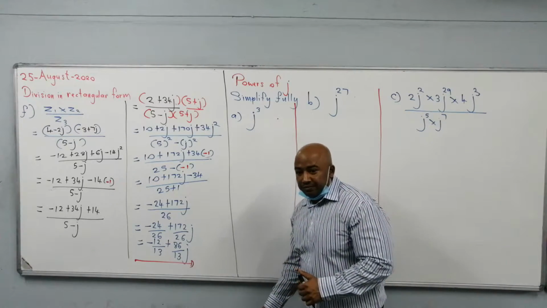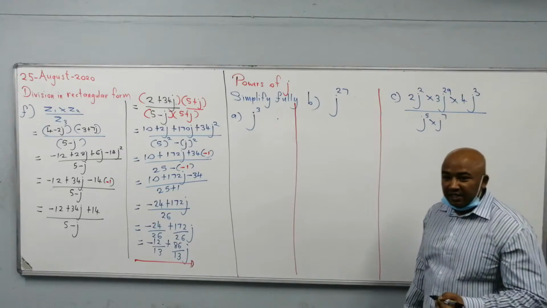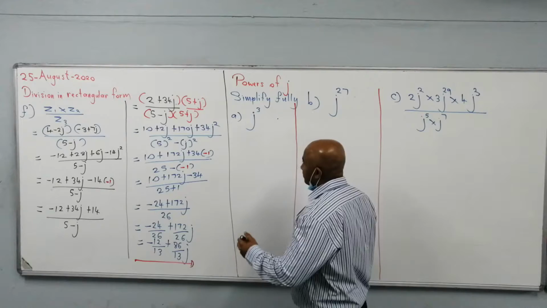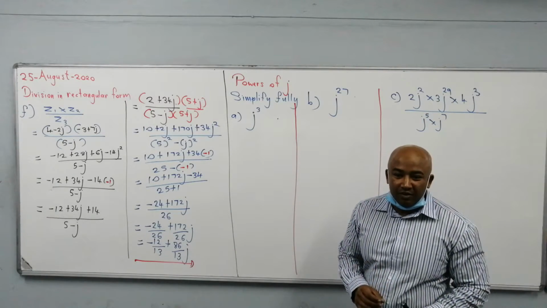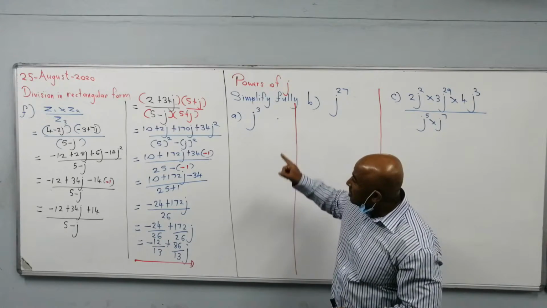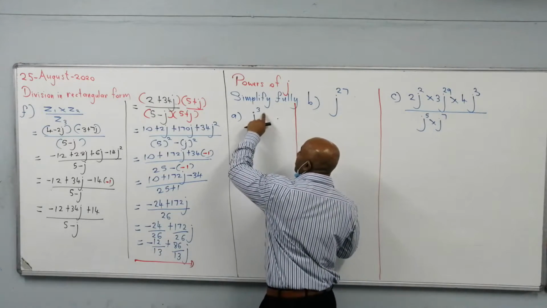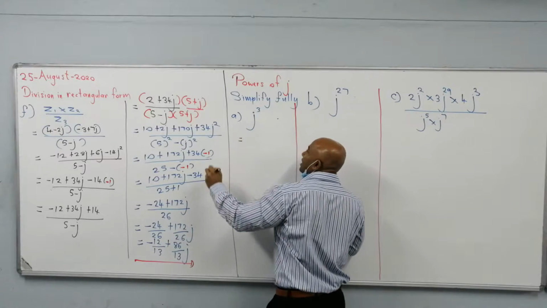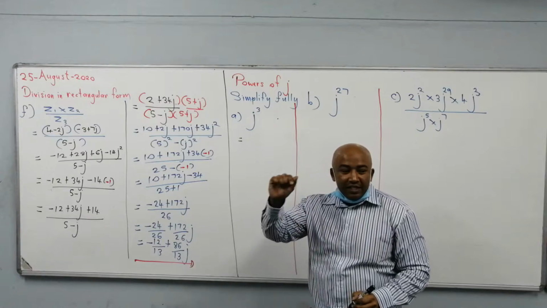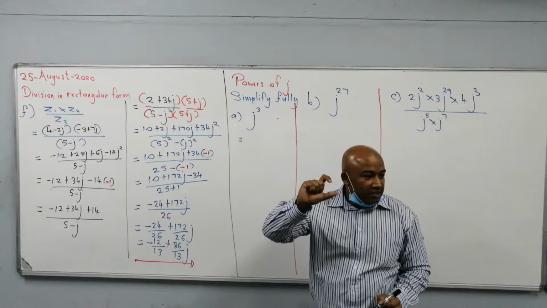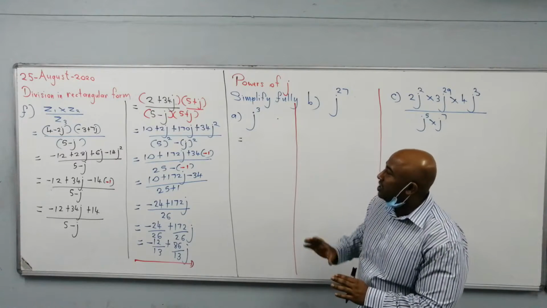So what do we do? We remember that j squared is negative 1. So now we need to apply our exponent laws here. So if I got j to the power 3, how can I rewrite this? Remember, the key factor here is to obtain j squared from whatever we have here. Simplify it and get j squared.